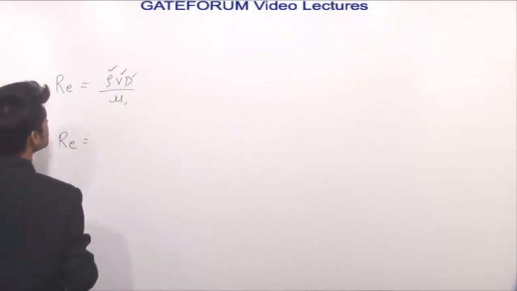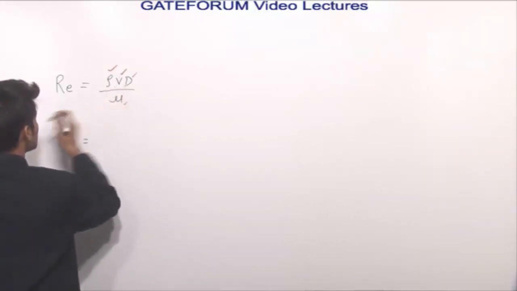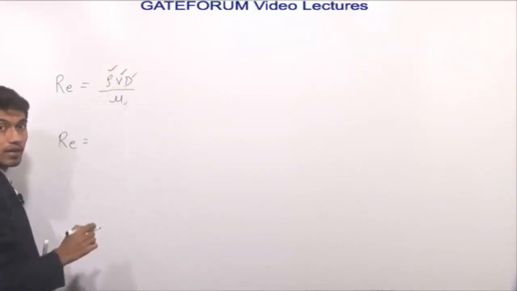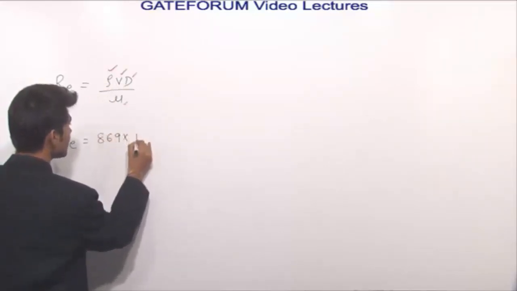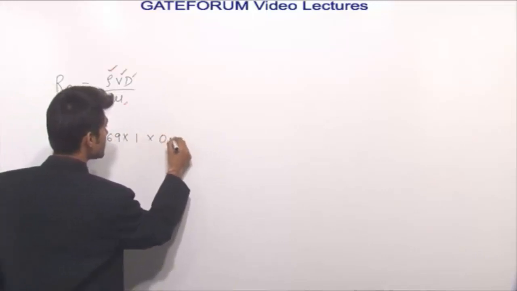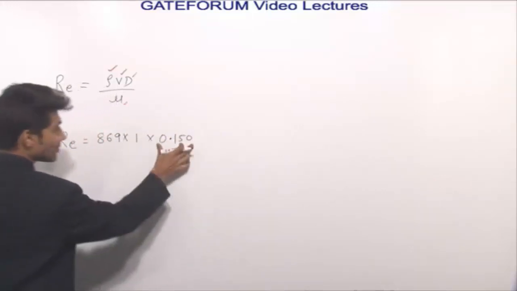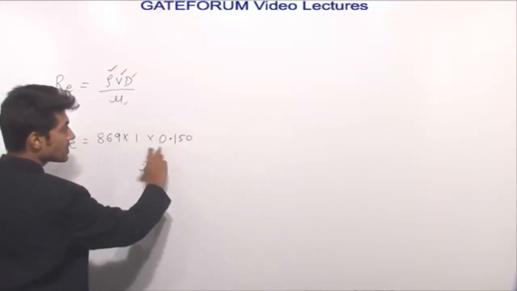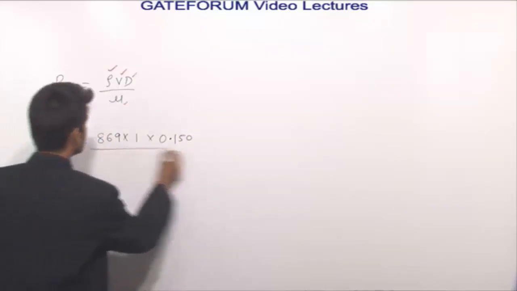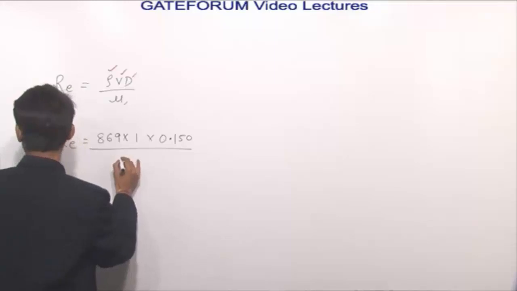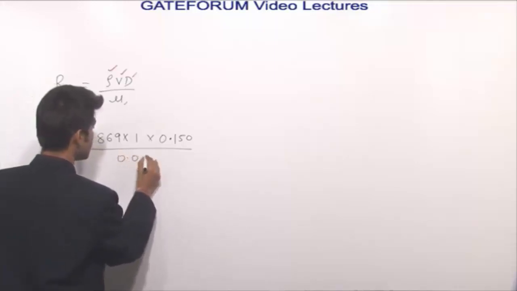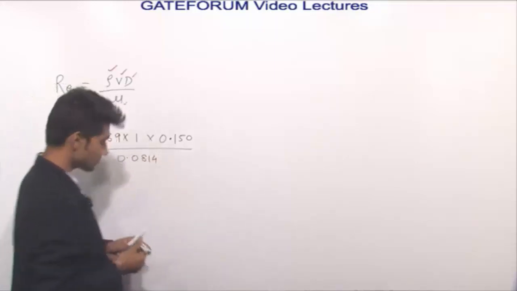So to calculate Reynolds number, the value of rho is given as 869, velocity is given as 1 meter per second, diameter is 150 mm, that means 0.150 meter, and all the units are in SI units, so mu value is given as 0.0814.